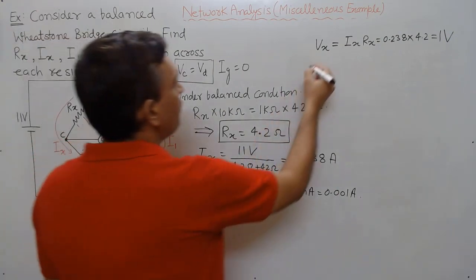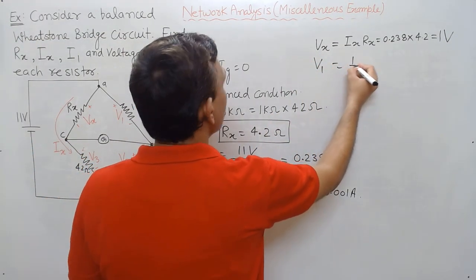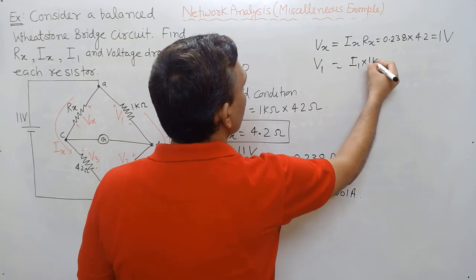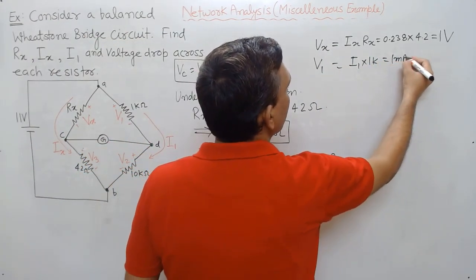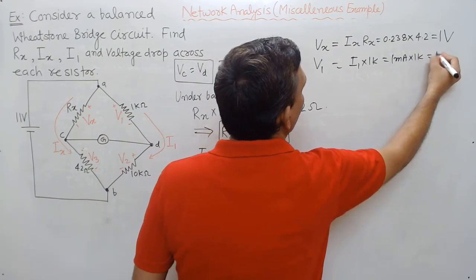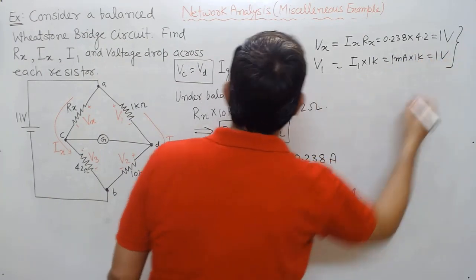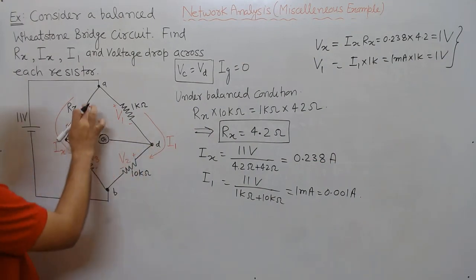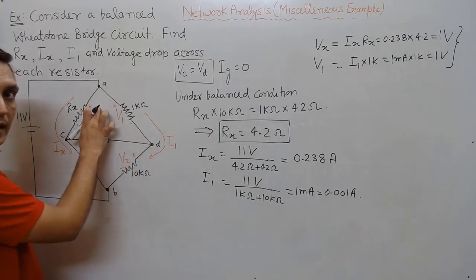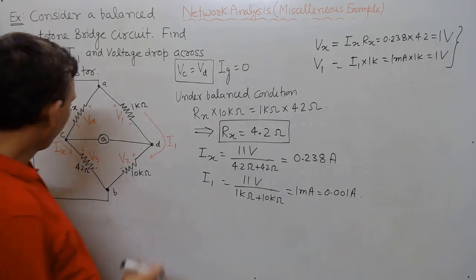And then if you see V1 is I1 into 1K. I1 is 1 milliampere into 1K, that is also 1 volt. So Vx and V1 will be the same because C and D are at the same potential. So potential drop Vx is equal to V1.